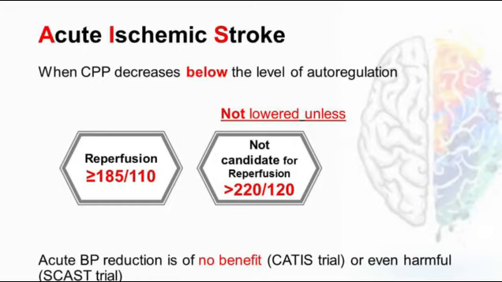If the patient is a candidate for reperfusion therapy and the blood pressure is more than 185, we should treat. If the patient is not a candidate for reperfusion therapy and the blood pressure is more than 220, we should treat. Acute blood pressure reduction is of no benefit, and even harmful in the CATS trial, so the blood pressure should not be lowered unless in these two situations.